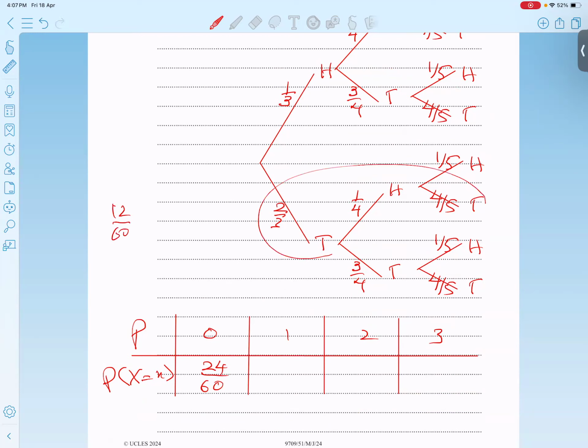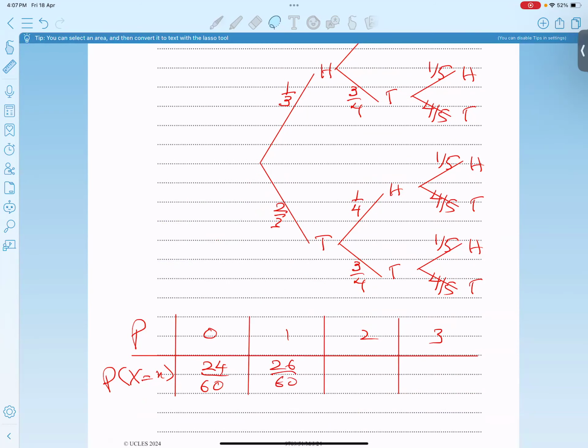And 1 head is coming in this branch: 2 4s are 8, so 8 by 60. And 1 head comes in this branch: 2 3s are 6, 6 1s are 6, so 6/60. Adding them I got 26, so here I'm getting 26/60. I believe there's nothing hard to understand.